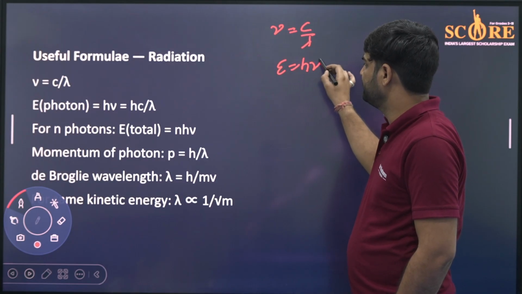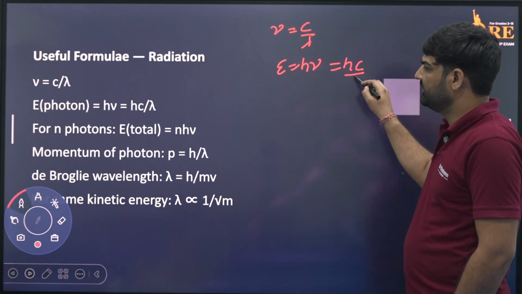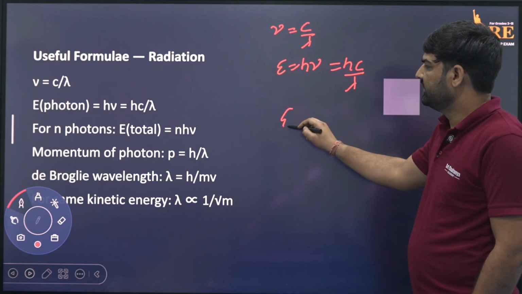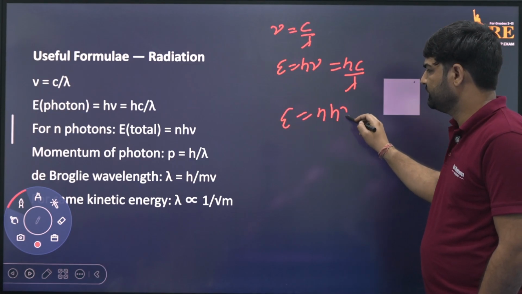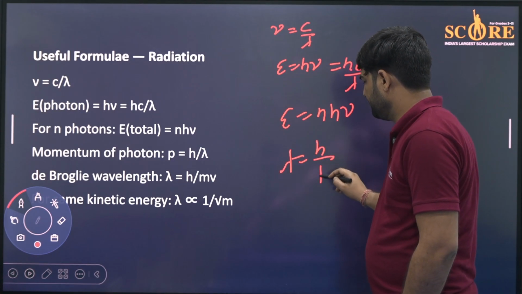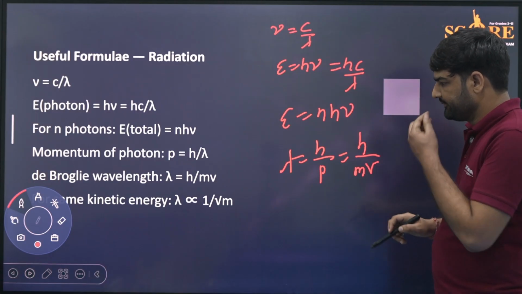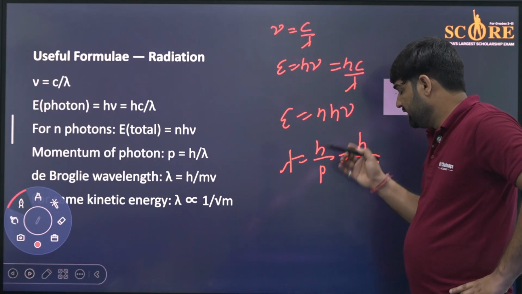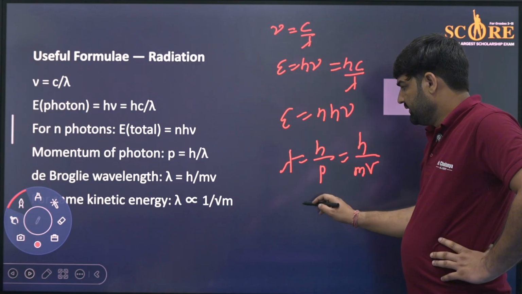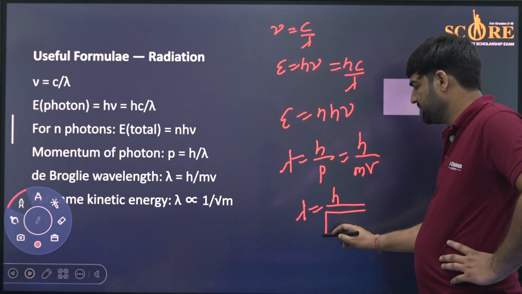Energy of each photon is h nu, you can write hc by lambda. For n photons, energy will be n h nu. You know lambda equals h upon p, and you also know momentum is mv. We can also write the relation between lambda and kinetic energy.